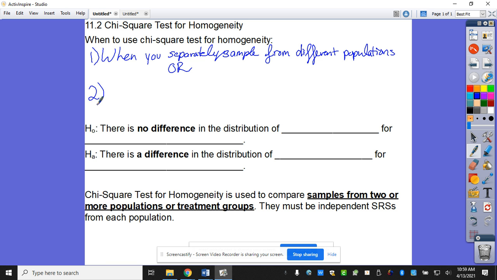I might sample 50 freshmen, 50 sophomores, 50 juniors, 50 seniors, and then ask each of them one question. My table's still going to be a 2-way table and look the exact same way it did before. It's just how I got my information.